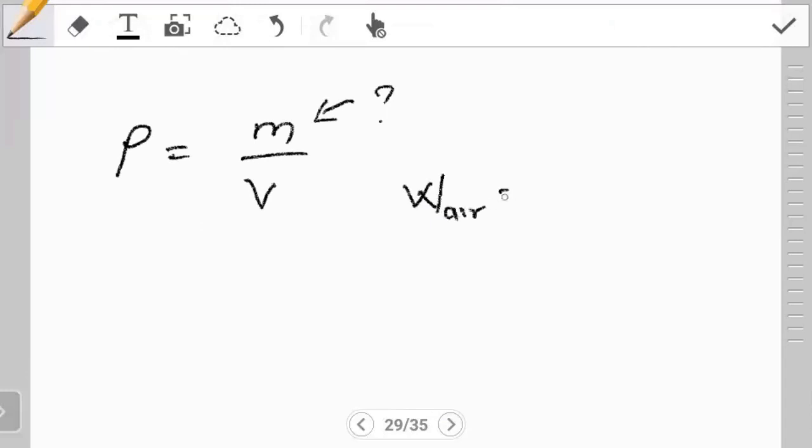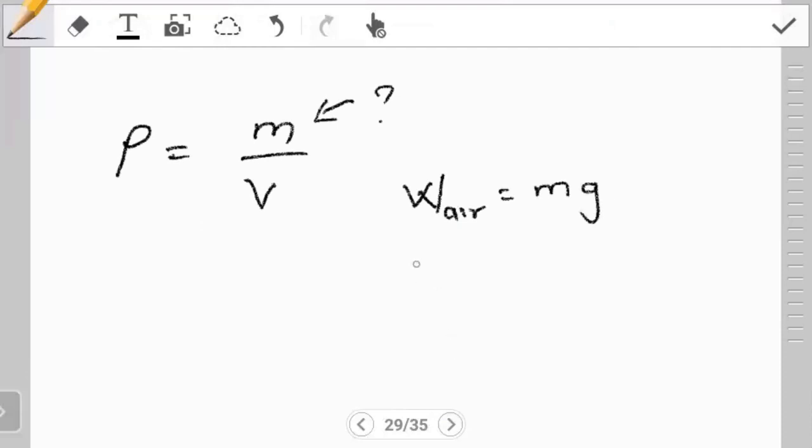Now, how do we do that? Well, density is equal to mass over volume. We already know what the volume is. What is remaining is to find the mass. So we go back to old school formulas. We specified earlier on that the weight in air was given by the mass multiplying the gravity.